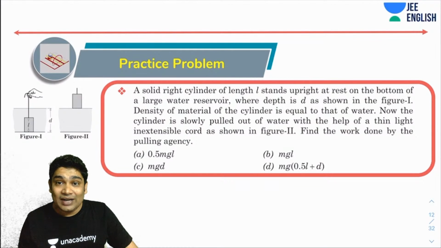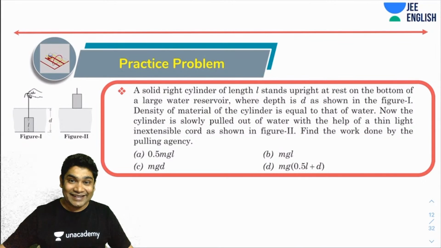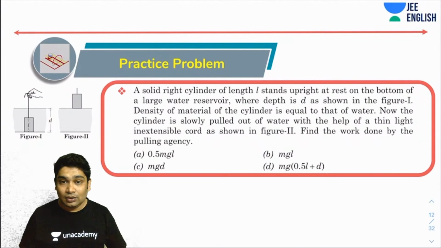Now the cylinder is slowly pulled out of water with the help of a thin, light, inextensible cord, as shown in figure 2. You have to find the work done by the pulling agent. So try this. Let's see if you can answer.